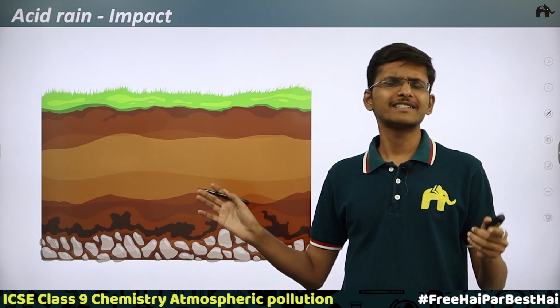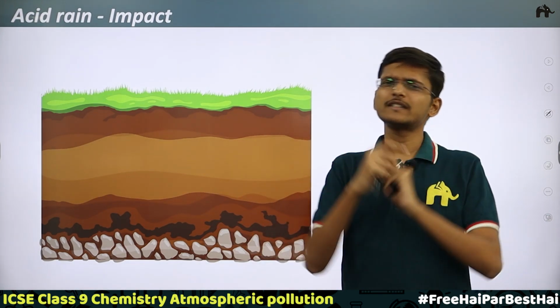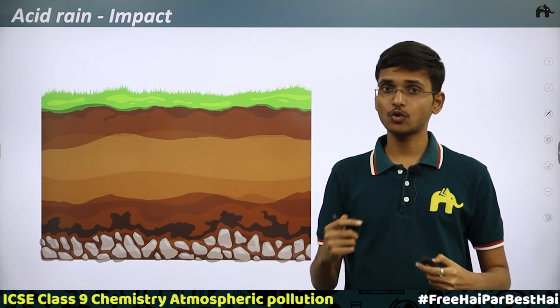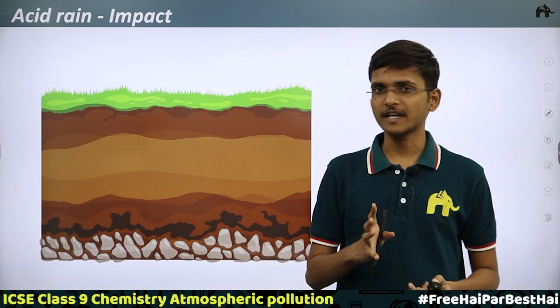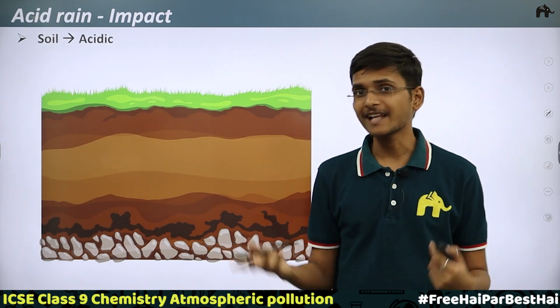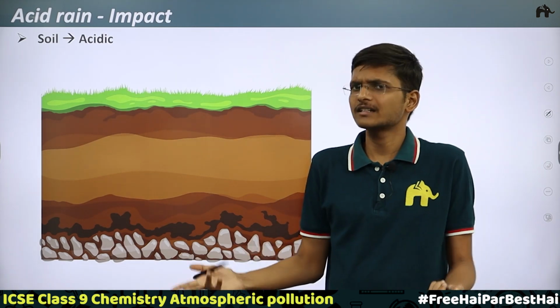Now, enough about the acid rain, right? Now you would be eager to know, sir, what actually is happening because of the acid rain on our earth. So the impacts are quite disturbing and dangerous as well, because this acid rain, which is quite acidic, when it falls on the soil, it is making our soil acidic.